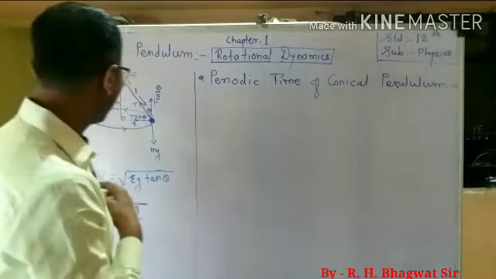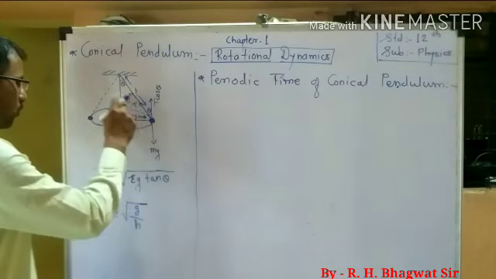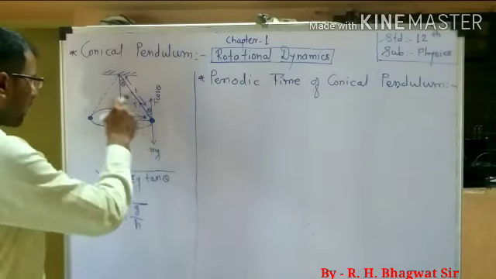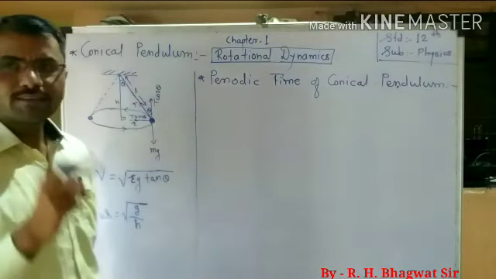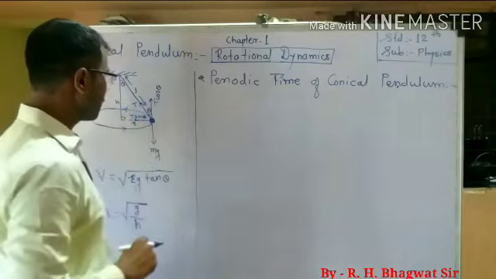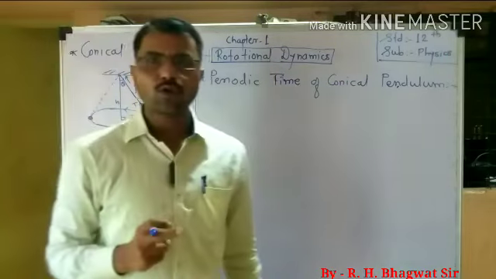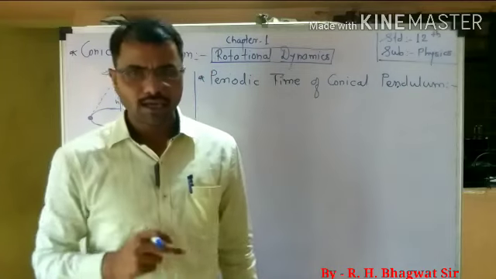Now, when the bob of the conical pendulum completes one circle, its covered distance is equal to the circumference of this circle. The time required to complete one revolution is nothing but its periodic time.